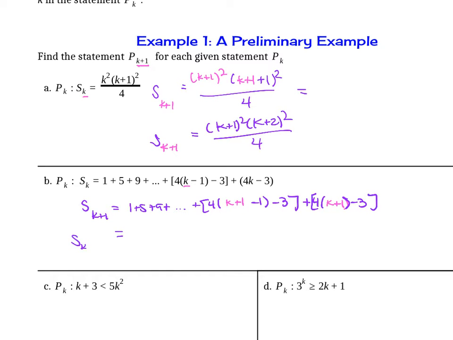So S of k plus 1 is going to be 1 plus 5 plus 9 plus and so on. If we look over here, the 1 and negative 1 cancel out, so all we're looking at distributing is the 4k minus 3 here, and then plus, this is 4k plus 4 minus 3, so this ends up being 4k plus 1.